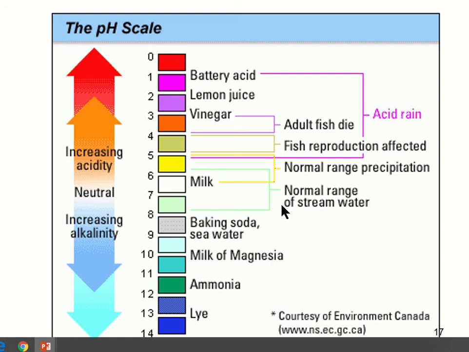Again, as I discussed, we have some rocks on riverbeds that are designed to neutralize the water before it hits the river through the watershed. Milk is pretty neutral. Normal range for stream water would be right in here. Baking soda and seawater are basic. Milk of magnesia, ammonia, and then lye is also very basic.